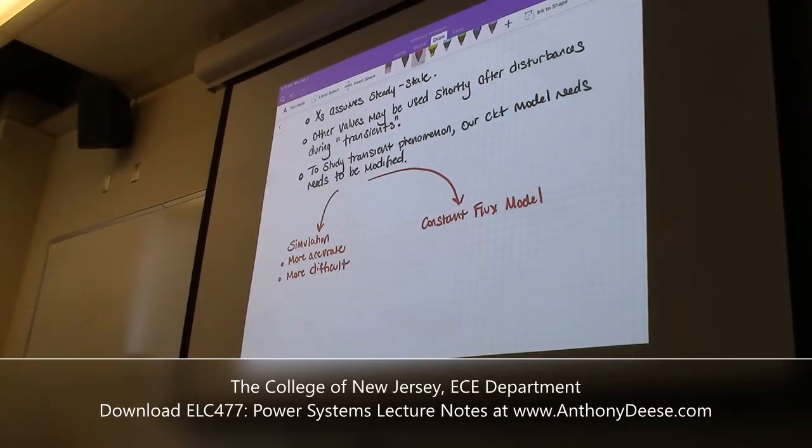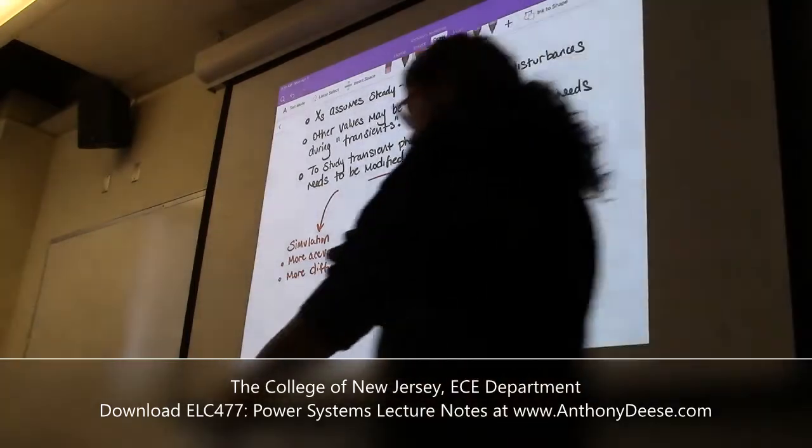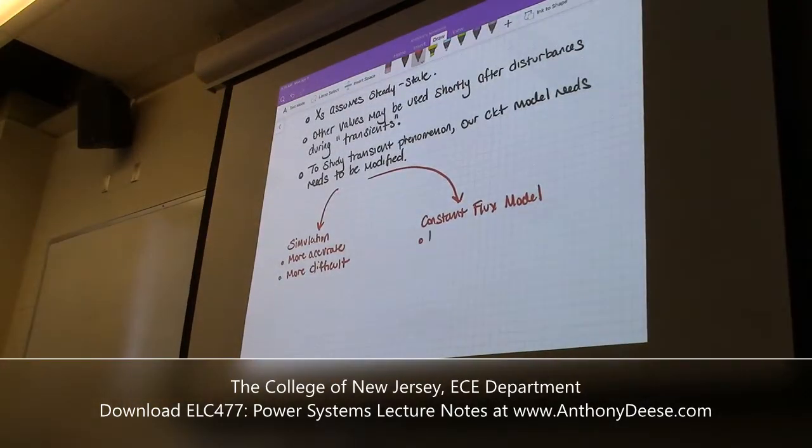More accurate, more difficult, although one could argue that the difficulty level nowadays is low because computers are everywhere and it's relatively cheap, but still it's going to be more difficult than using the other option, which is the constant flux model. So this is going to be a less accurate but real-time analysis that we can do.